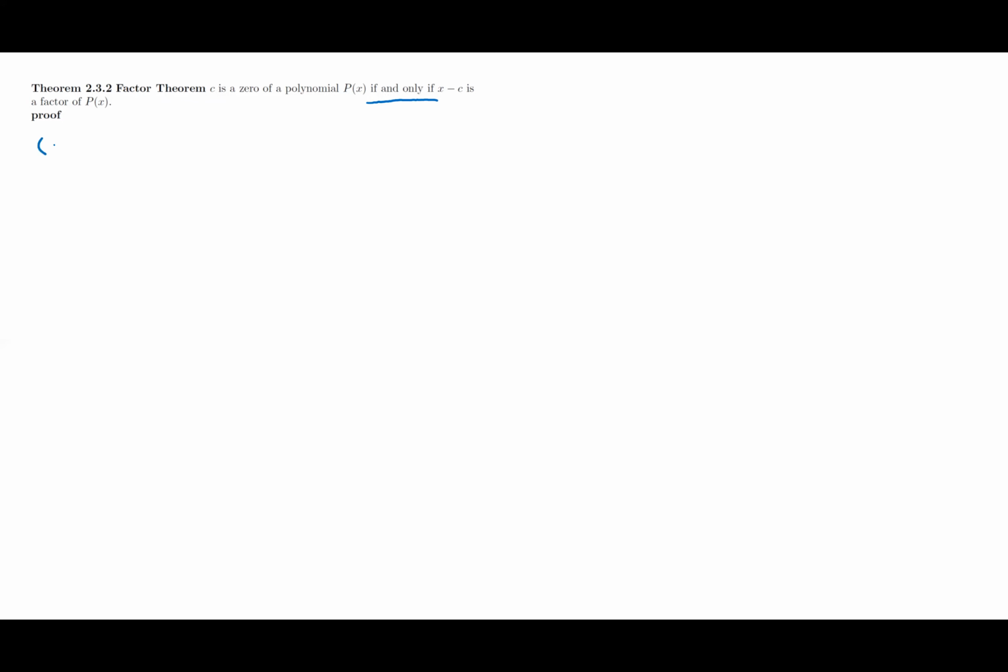So this is a logical note here. I'm going to go this direction, meaning I'm going to say, suppose c is a 0 of p of x, okay?